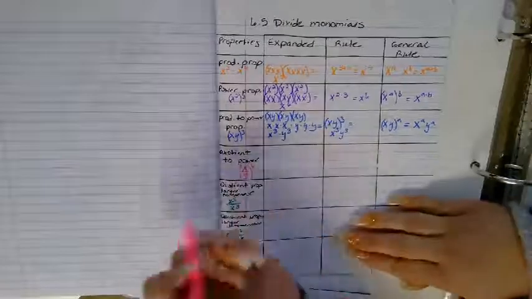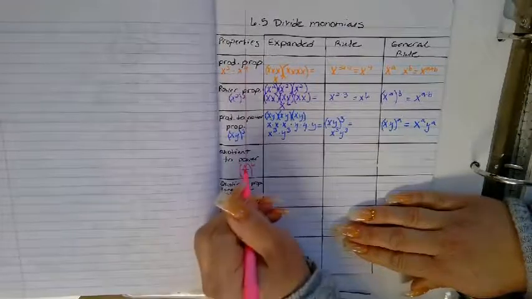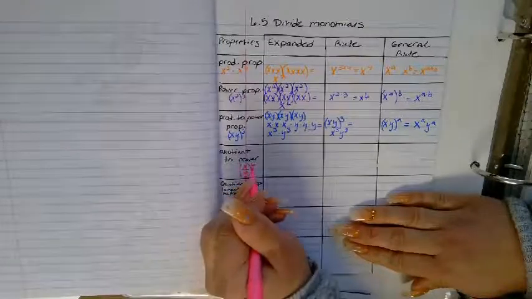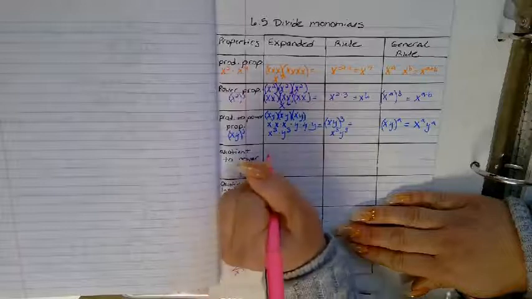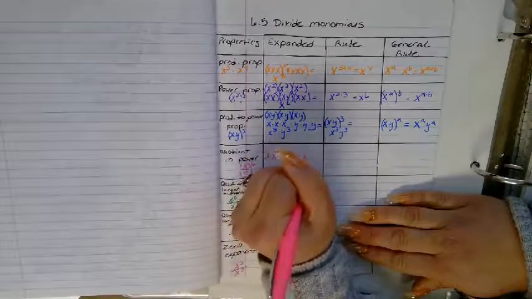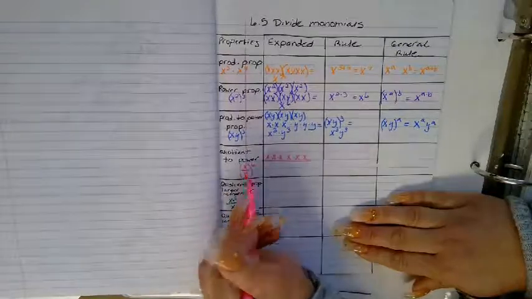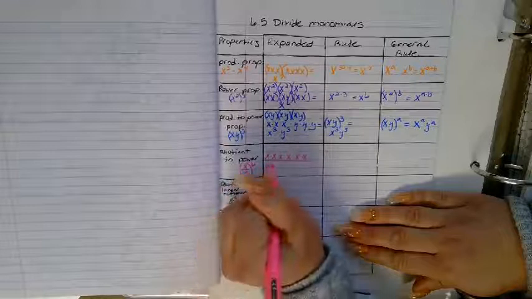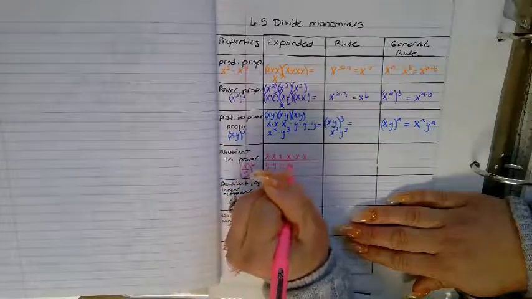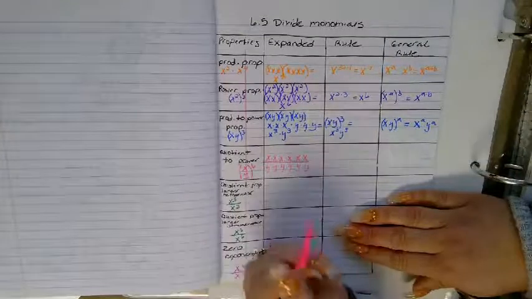So let's look at our expanded form of this. If we have x raised to the 6th power, that is 6 of our x's, right? Over y to the 6th. And then all that is, oh, I'm going to run out of room.